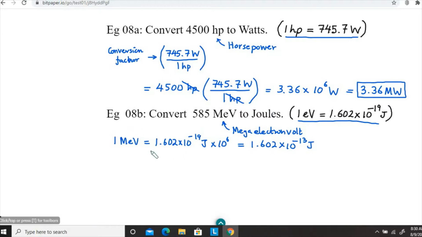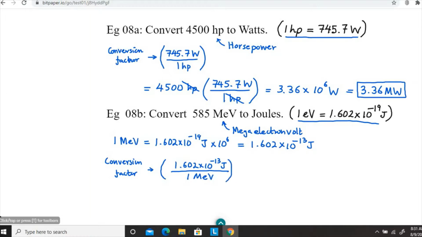Now, again, we'll write down the conversion factor. So the conversion factor for this case, we have to convert mega electron volts to joules. So that means I have 1.602 times 10 to the power minus 13 joules in 1 mega electron volt.